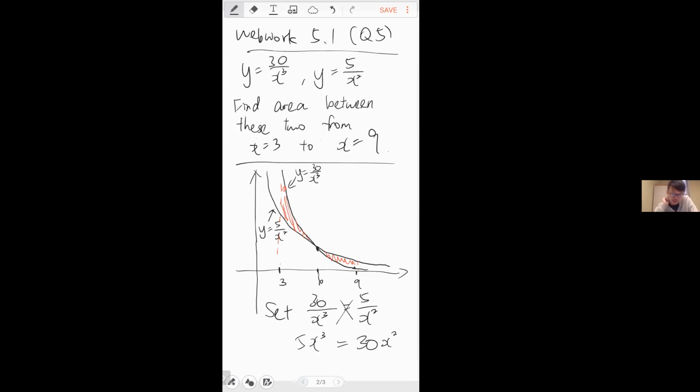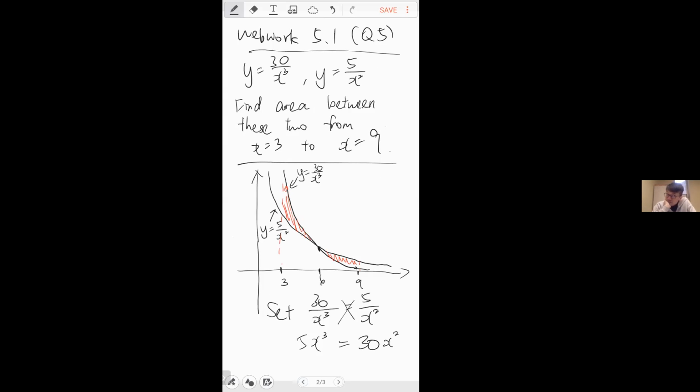So how many integrals do I need to write down? Any ideas?